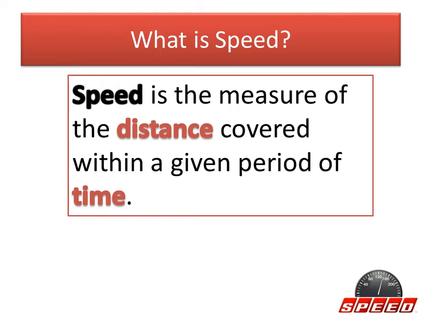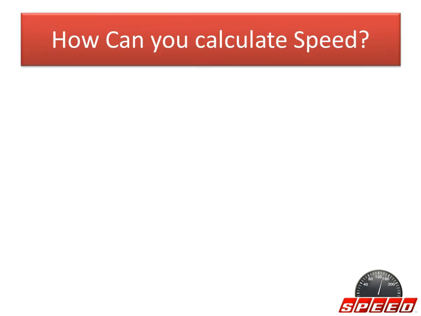Or let's say when you went down to the shop, you were running, while coming back, you were walking. So speed depends on the distance covered within a certain time.